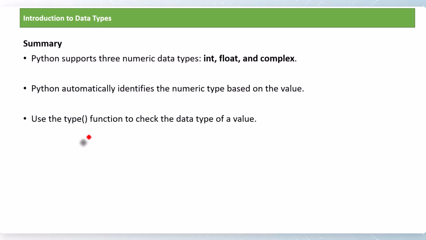To summarize, Python supports three numeric data types: integer, float, complex. Python automatically identifies the numeric type based on the value, so you don't need to specify integer, float, complex explicitly. We can use the type function to check the data type of a value, like type of the variable age, type of the variable salary.